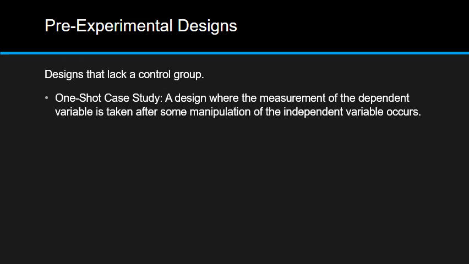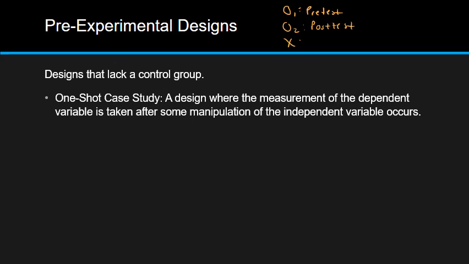So if we were to draw this, you would just have one group. So let me explain some notation just so it's easier. When we have O1, that's the pretest. O2 is the post-test.